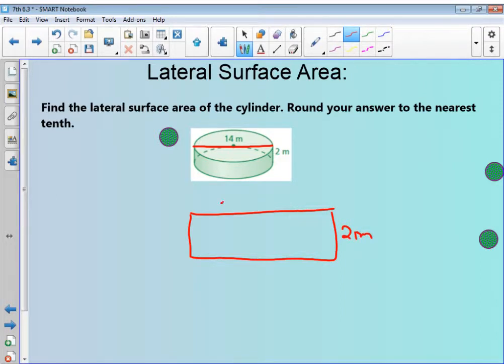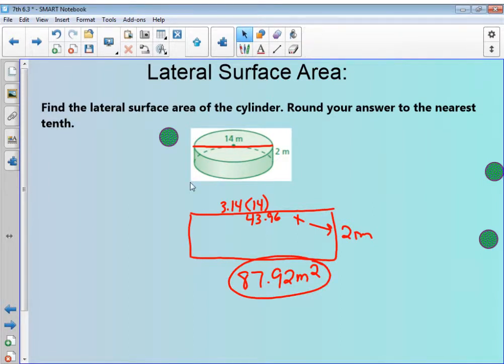Okay, and we're going to do pi, 3.14, times the diameter, which they told us was 14 this time. 3.14 times 14 gives us 43.96, and we're just going to take that times 2. And when I do that, I get 87.92. Units were meters, and it's surface area, so it's squared. Okay, pretty simple, not too terribly hard.